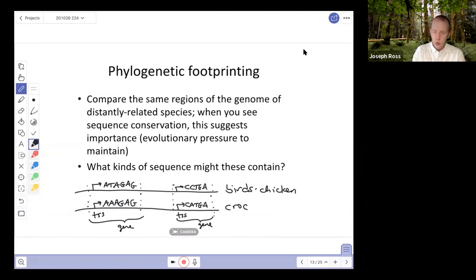That's not true usually of DNA that's non-gene. So extragenic DNA, because it doesn't always have a functional role, natural selection doesn't necessarily resist mutations in those parts of the chromosome.